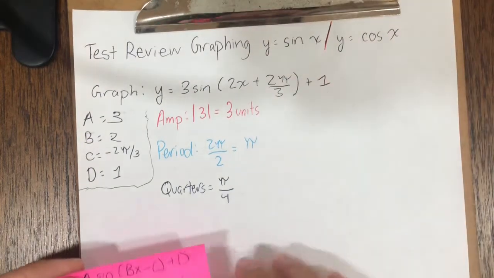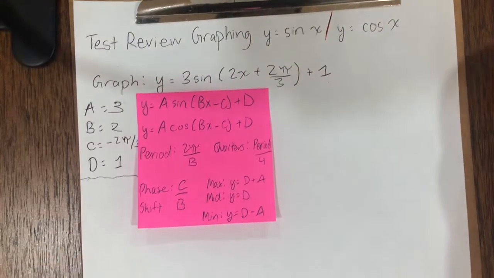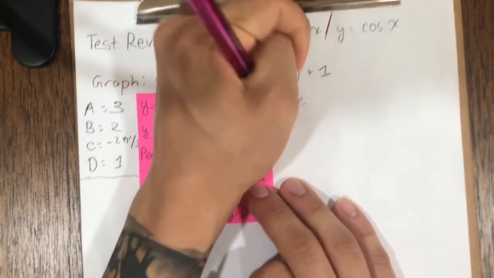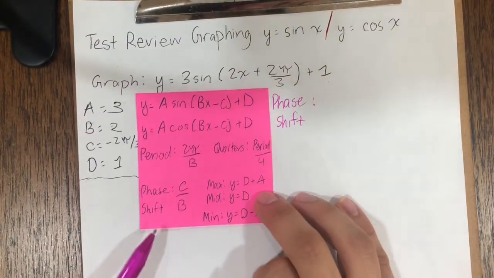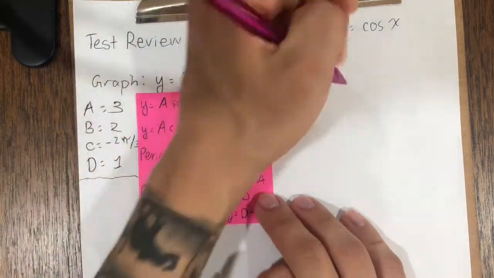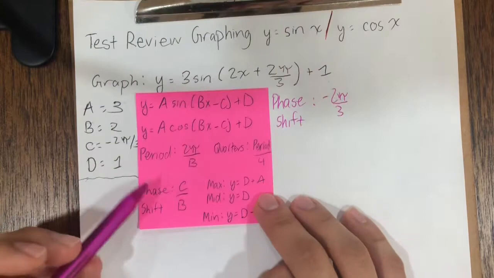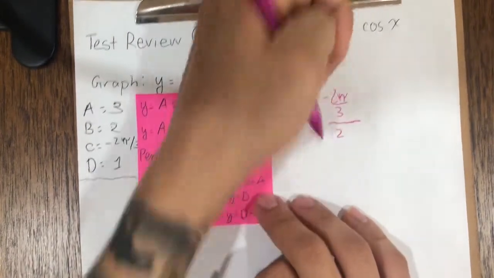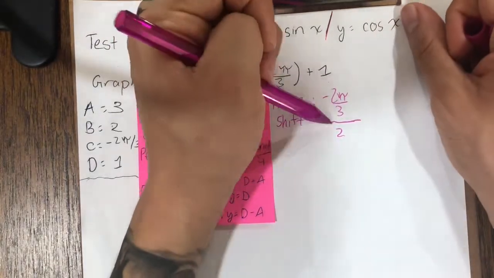Okay, so let's go ahead and figure out the phase shift. With the phase shift, we're going to take my value for C, which is negative 2 pi over 3, and then divide that by B, which is 2. So we have a radian, set up as a fraction, divided by a whole number.